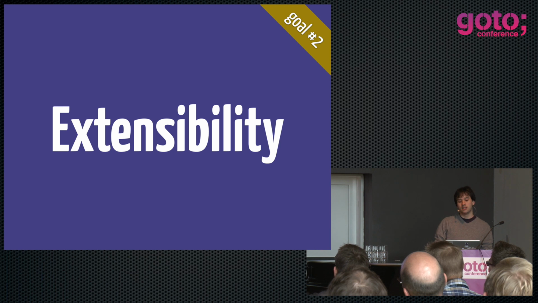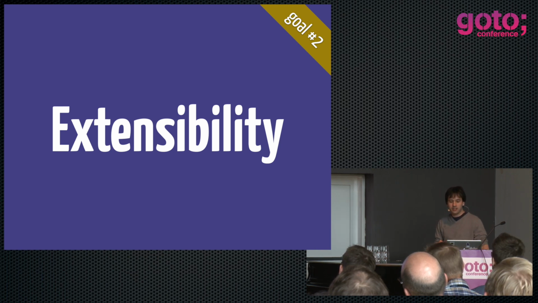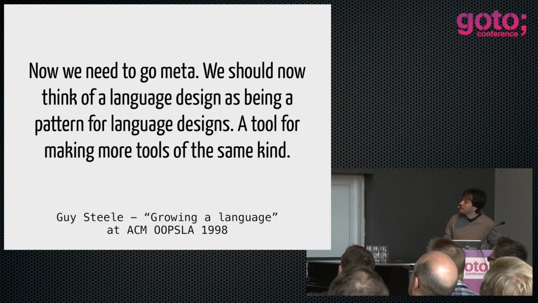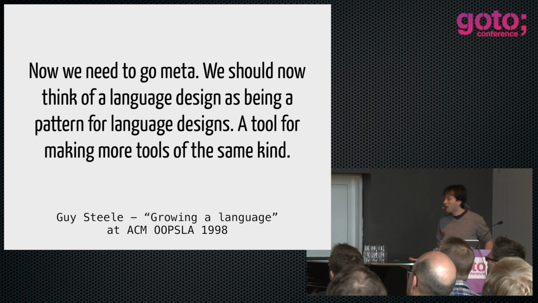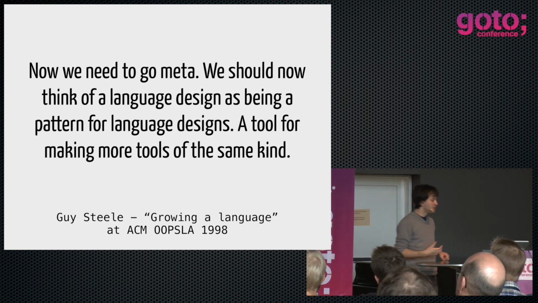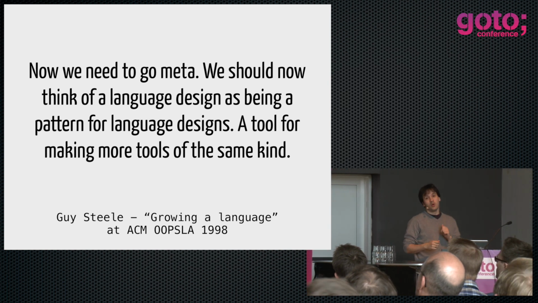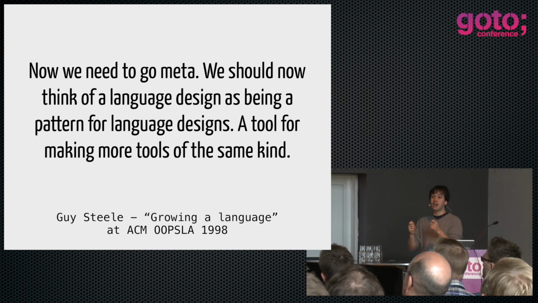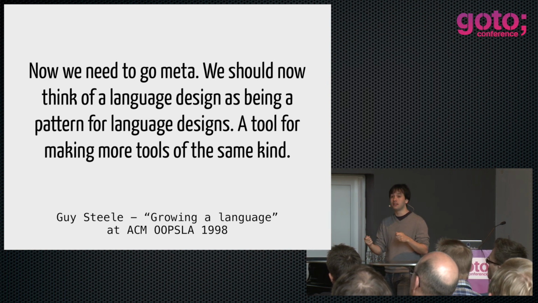The second one is extensibility. And the best way I like to describe extensibility is with this quote from Guy Steele. It's one of my favorite talks of all time. It's called Growing a Language. At the end of the talk, he says, now we need to go meta. We should now think of a language design as being a pattern for language designs, a tool for making more tools of the same kind.